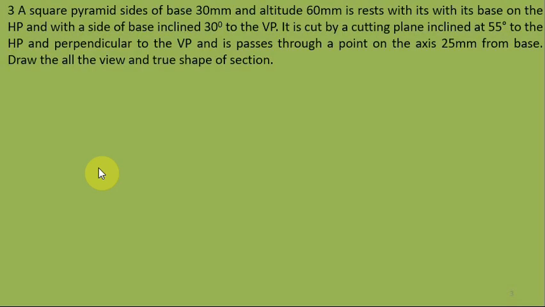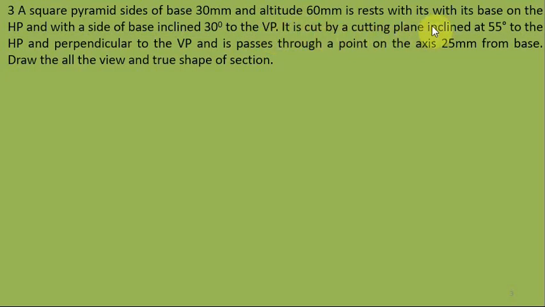This is for understanding the steps involved in drawing the 2D views of a sectioned solid. I have given a very simple problem. The problem is: a square pyramid, sides of base 30 mm, altitude 60 mm, rests with its base on the HP and with a side of base inclined 30 degrees to VP.